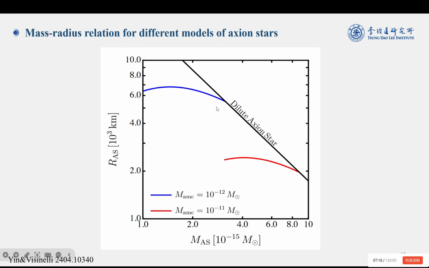You can see this black straight line is just the dilute axion star case, and the blue and red lines represent the halo axion star case. And you can see for each different branch, it will approach the dilute axion star case when the axion star mass is sufficiently large.